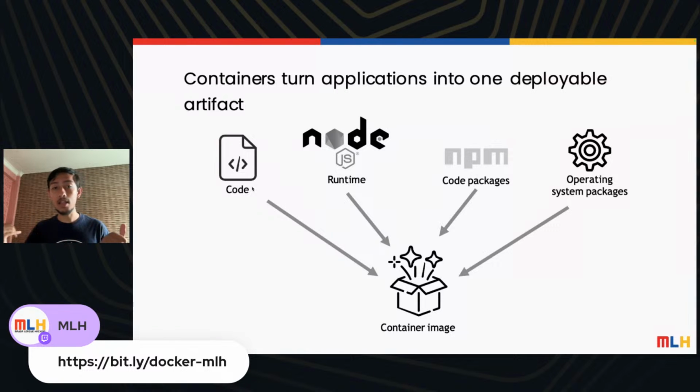If you're using Java, then this could be the Java runtime environment. Also the dependencies that an application needs. These are the NPM packages, or the PyPI packages if you're using Python, or Maven or Gradle packages if you're using Java, and similarly it goes on. And also some of the operating system packages. So if your application needs some of the OS functionalities, then you also need those packages. So you bundle all of this, and that is what we call a container image.